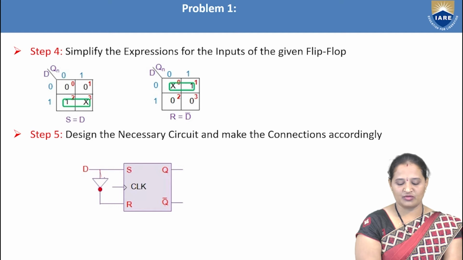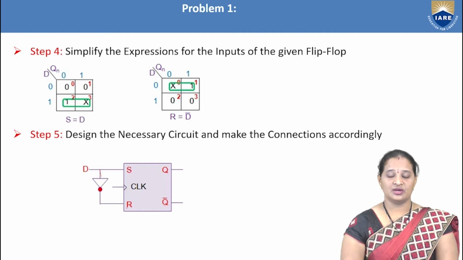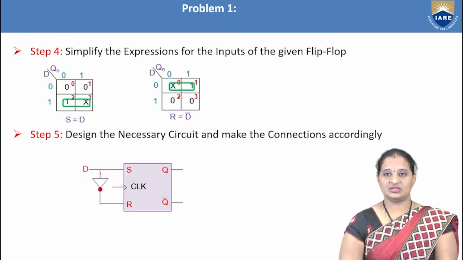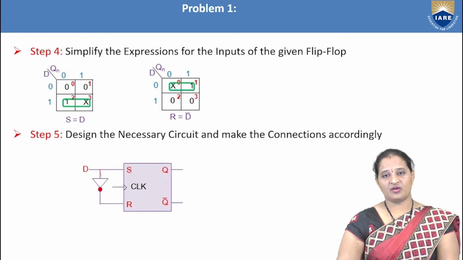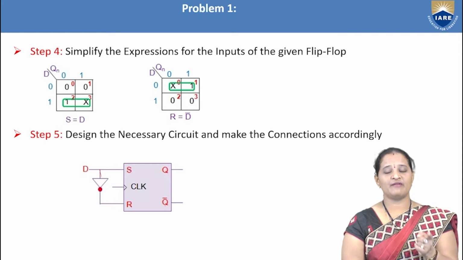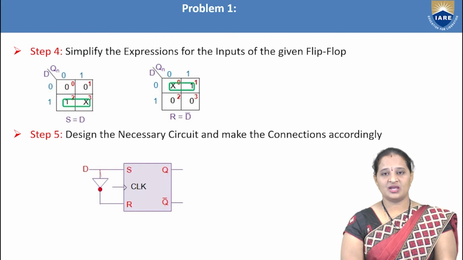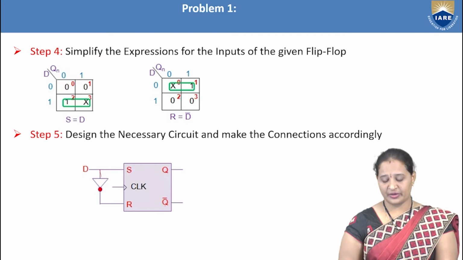So I am taking an inverter, connecting D to that inverter, and the output of that inverter is given as the R input. So this is the conversion of SR flip-flop into D flip-flop. That means in order to convert an SR flip-flop into a D flip-flop, we need an input D where D is directly connected to S and the complemented D is connected to R.